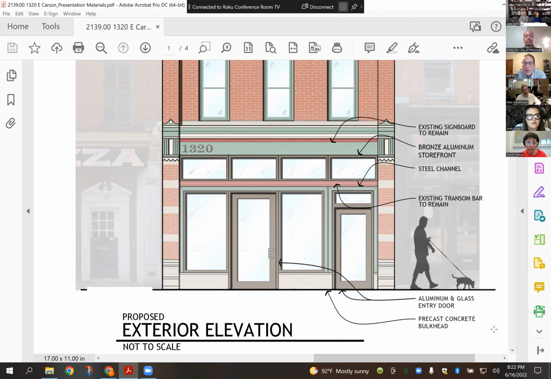There's a lot of good things happening here, so I don't see any issues. It's just a matter of what he finds that might be original and could be saved behind all that stuff that we would ask him to come back and talk to us about. Okay. But if he were to change the windows and they're wood now, he'd have to replace with wood.